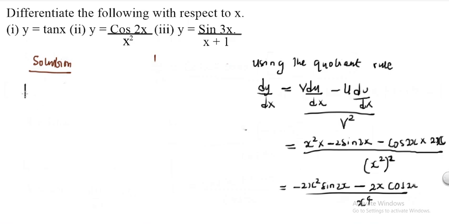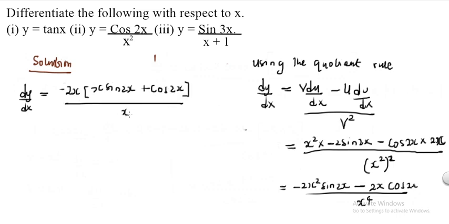So simplifying this, dy over dx. Now for the numerator, if you look at these two terms here, we can factorize minus 2x from both. So here we get minus 2x open bracket. For the first term, if we factorize minus 2x from here, we get x sine 2x. And for the second term, if we factorize minus 2x from here, we get plus cos 2x. So this is divided by x to the power of 4.